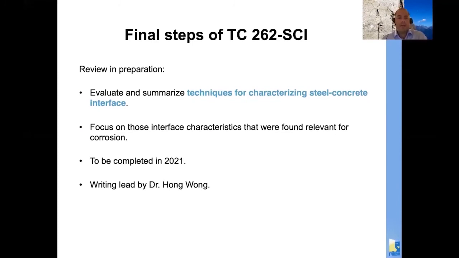We plan to have this completed in 2021, and the writing will be led by Dr. Hong Wong from Imperial College in the UK. So thank you very much for your kind attention, and now I am available for questions.